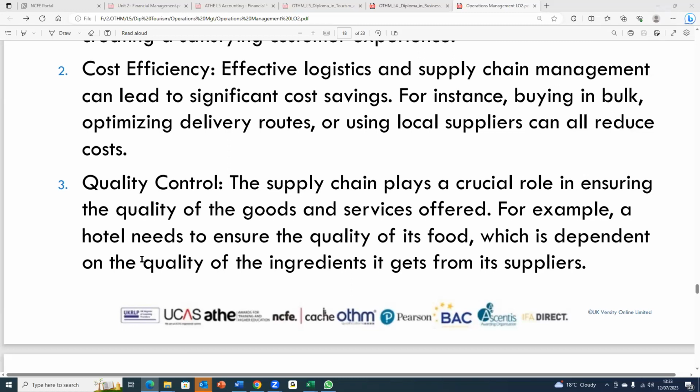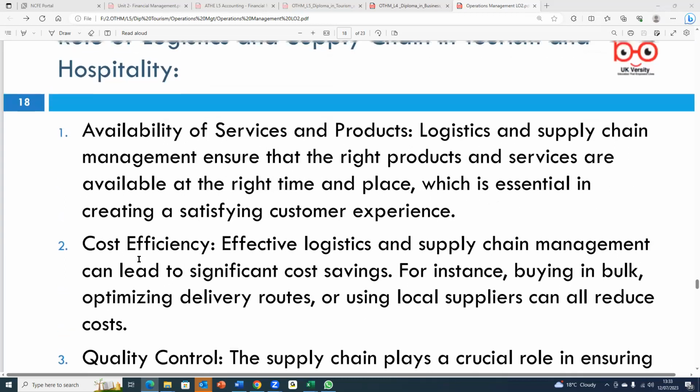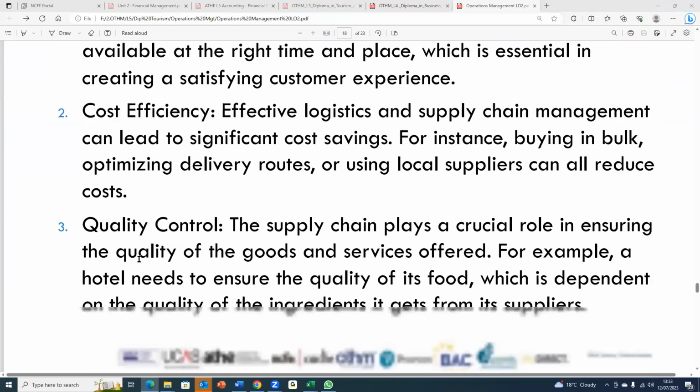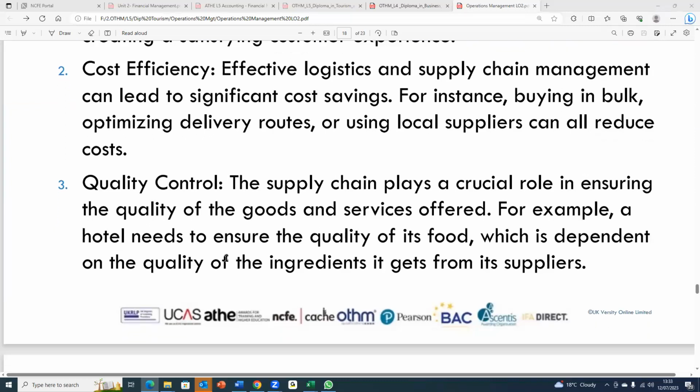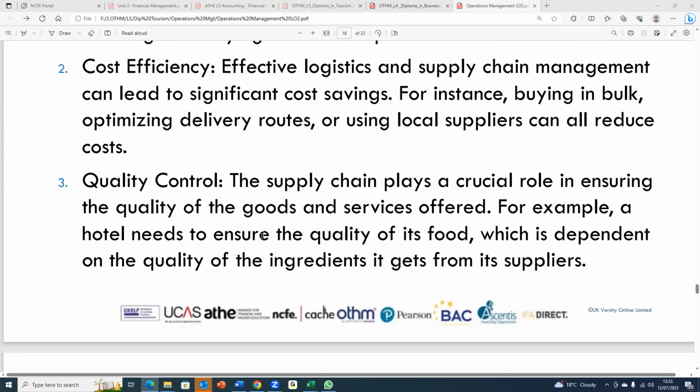Okay. The other thing is the role of supply is quality control. We want to make sure that our goods and services have a quality of ingredients. For example, we want to make sure that they are of the right quality, of the right price. Because the quality is all about service, all about good service, so that the good quality product depends on our service.